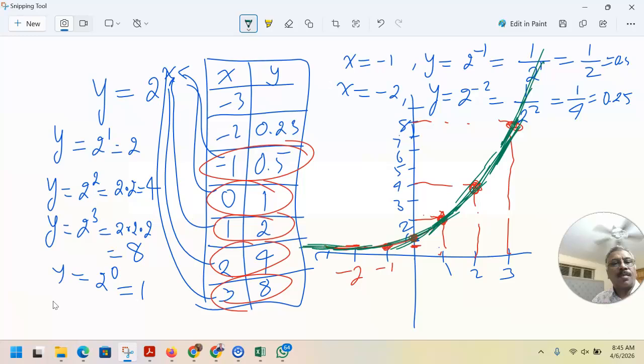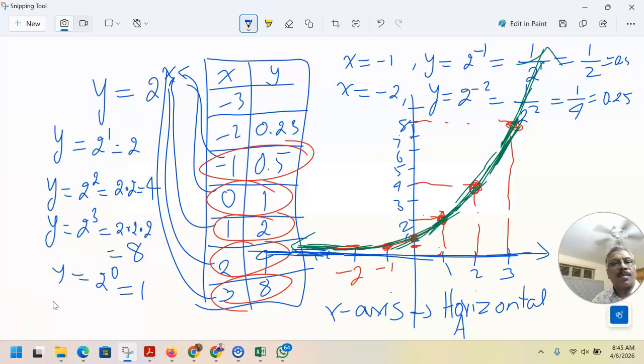And the outputs get closer and closer to 0, and that's why we will see later on that the graph approaches the x-axis, and that's why we say the x-axis here is also called a horizontal asymptote.